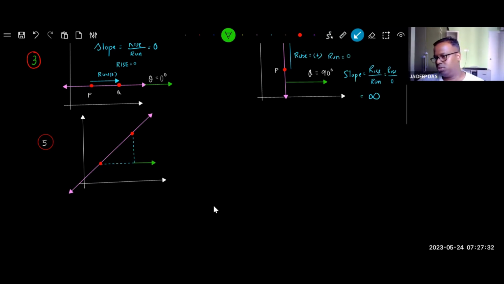What is my theta? This is my theta. Then definitely this is my opposite side, and this is my adjacent side. So tan of theta is equal to opposite by adjacent. Isn't tan of theta the same as rise over run?